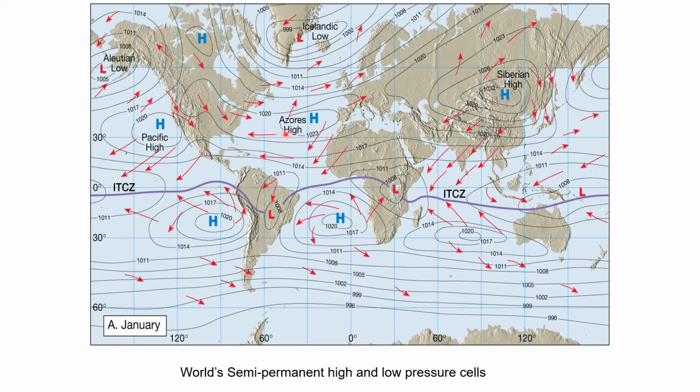In the wintertime, this high pressure system has shifted back toward Africa, and it's the Azores high. And look at this: look at what side of the high pressure system the Sahara Desert is on.